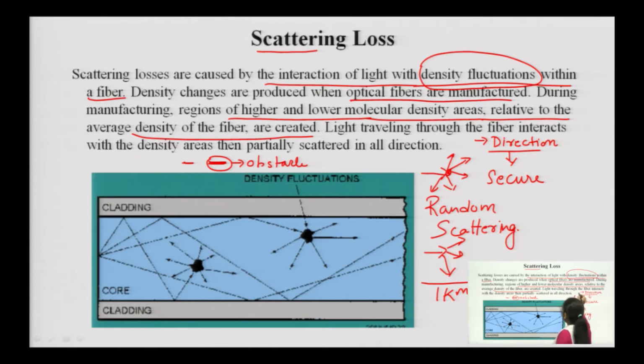Light travelling in the fiber interacts with the density areas and is partially scattered in all directions. So this is the scattering loss which occurs due to density fluctuations that occur in the optical fiber during its manufacturing process.